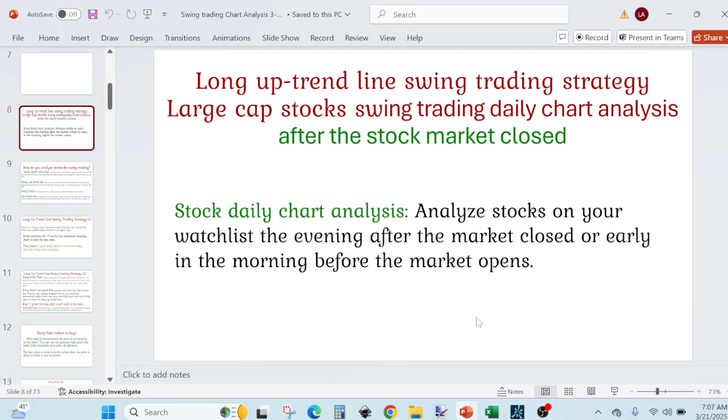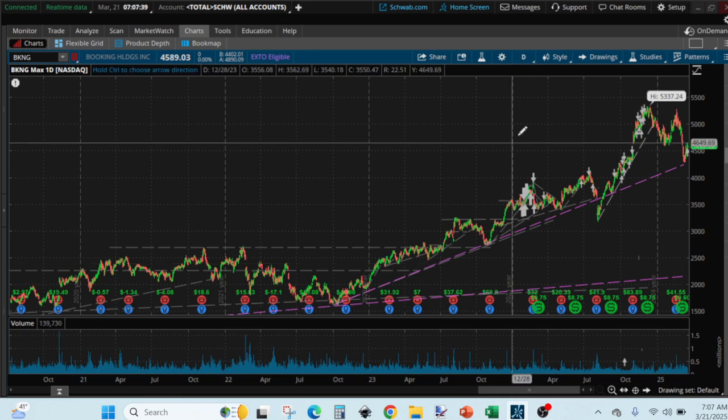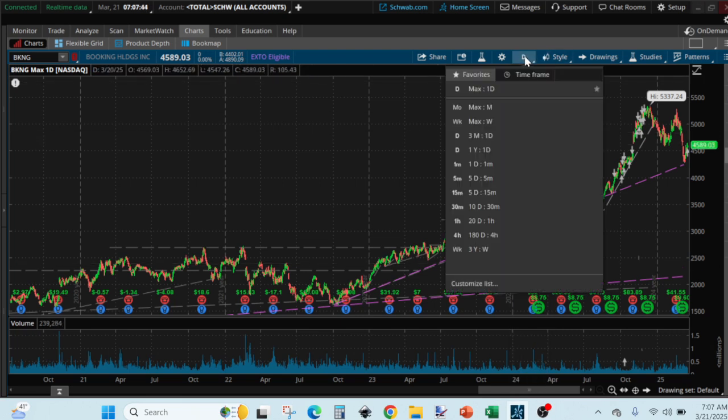Hello, how do you do your daily swing trading chart analysis of upward large cap stocks if you are using the long option long swing trading strategy? You will use the daily chart to do your chart analysis to buy and sell stocks.